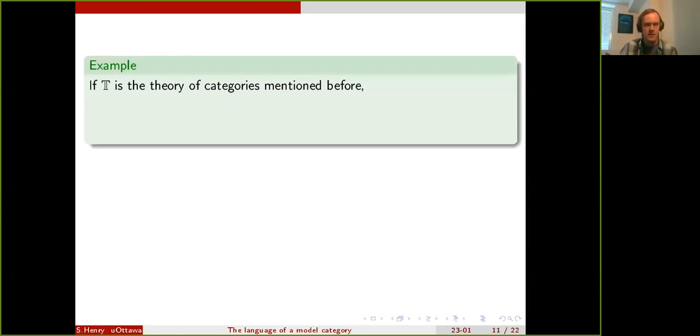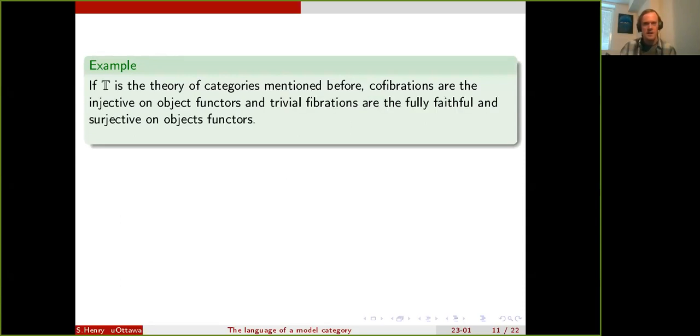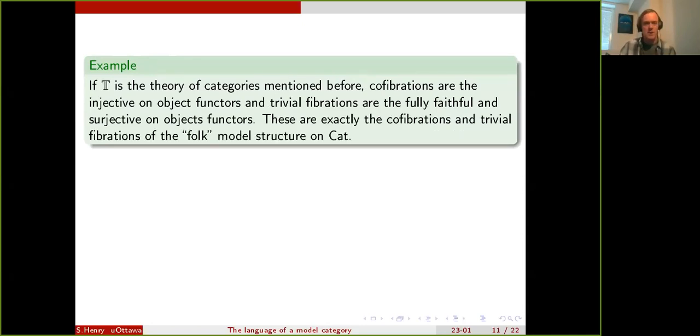Okay, this is the example of the theory of categories I mentioned before. And as I said, cofibrations are the injective on objects functors. Trivial fibrations are the fully faithful and surjective on objects functors. And if you know a bit about model categories, you know that those are exactly the cofibrations and trivial fibrations of the Folk model structure on Cat.